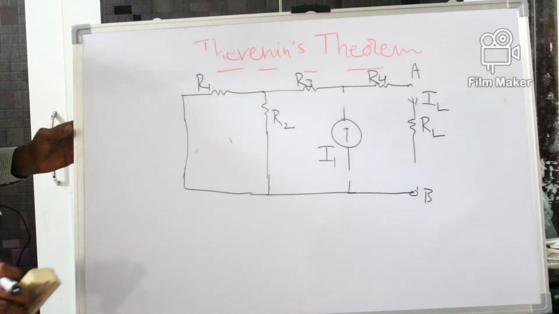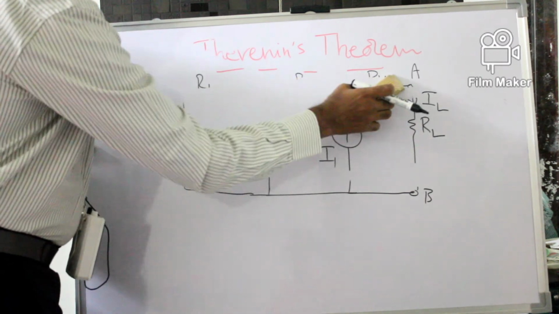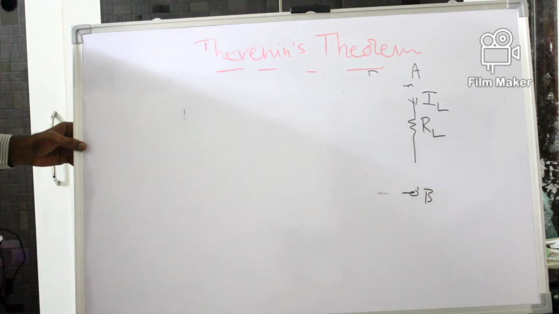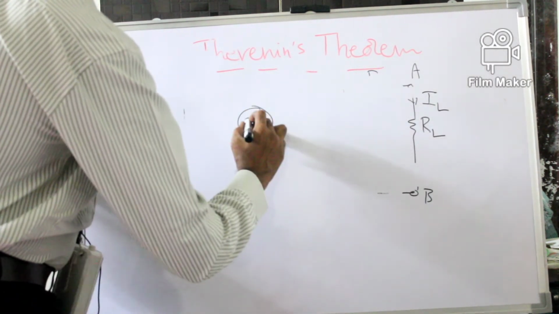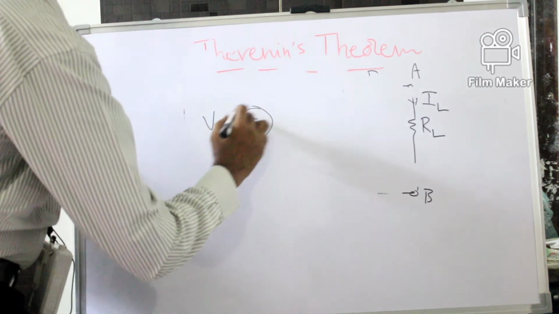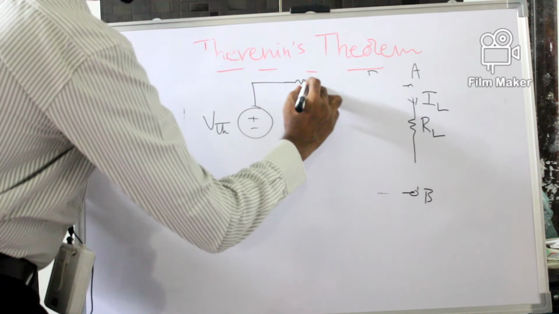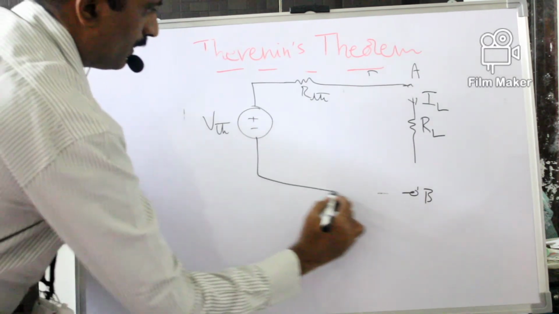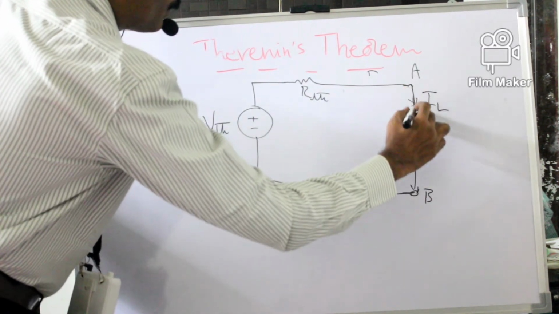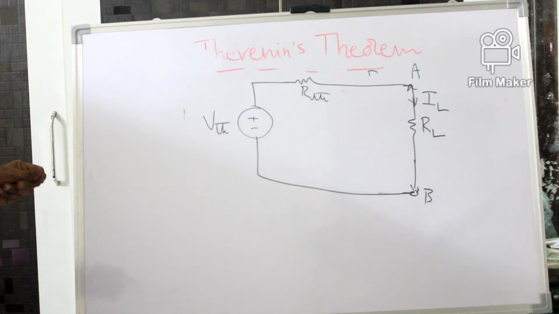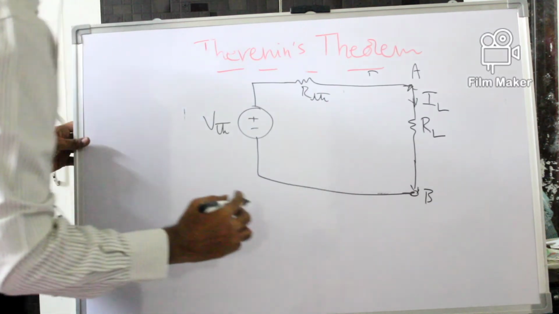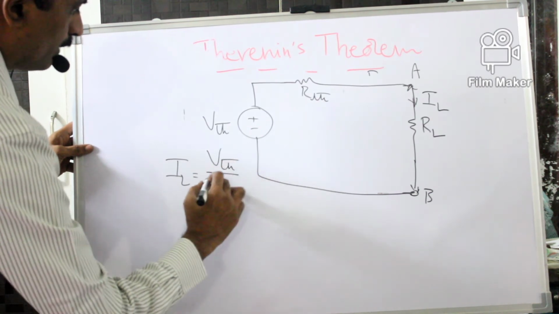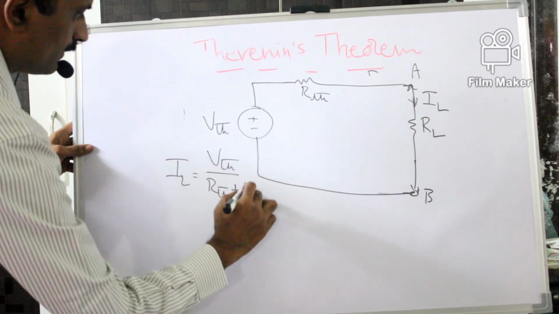And once we calculate the Thevenin's voltage and Thevenin resistance, this circuit can be redrawn as a single voltage source which is known as V Thevenin and a series resistance R Thevenin between the same terminals A and B. And now the current passing through this branch IL is given by IL is equal to V Thevenin divided by R Thevenin plus RL.